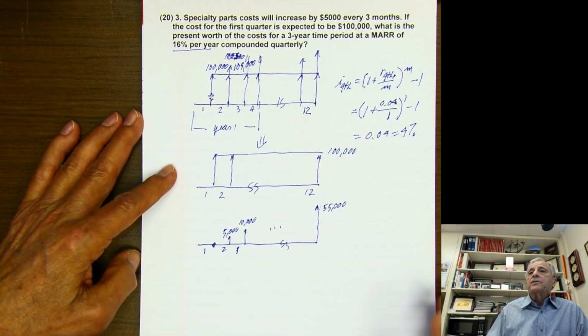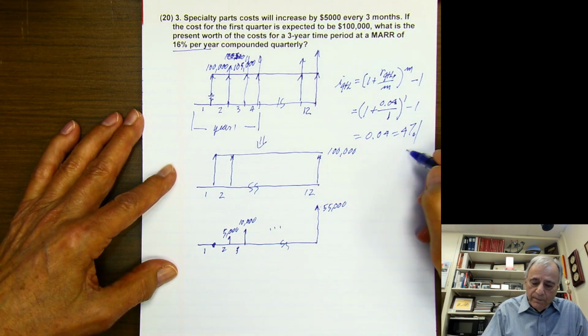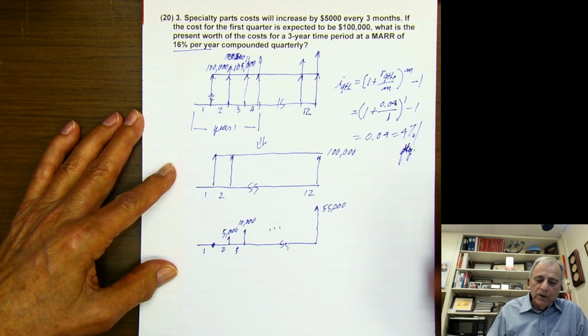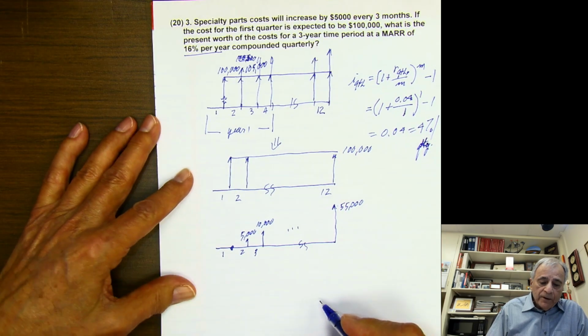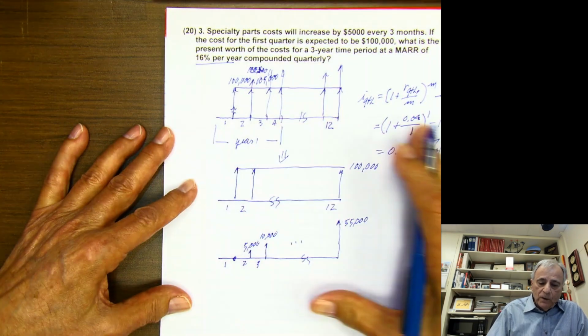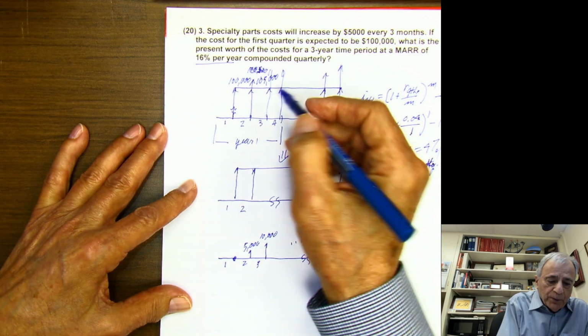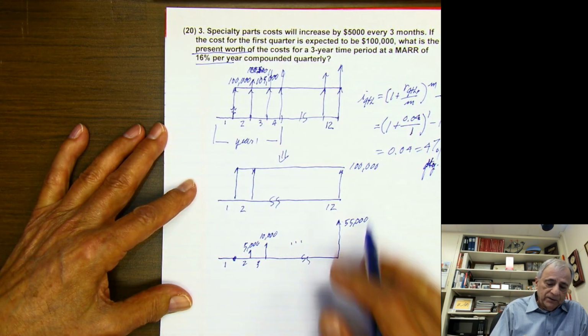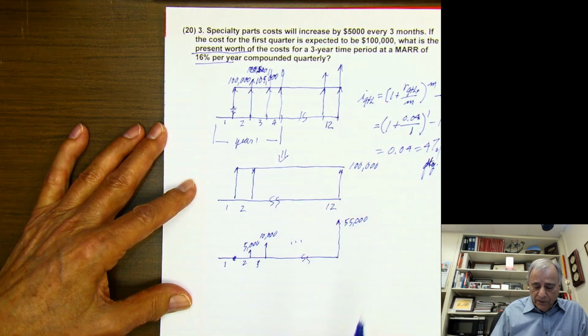So now we have a rate. This is percent per quarter. Okay. So now we want to find what's the present worth of all of this stuff. Well, this is the uniform series.